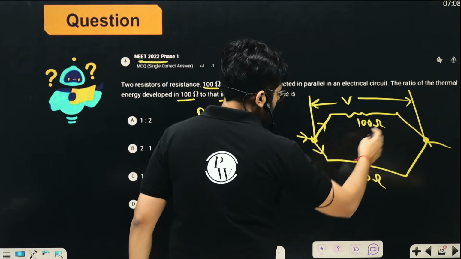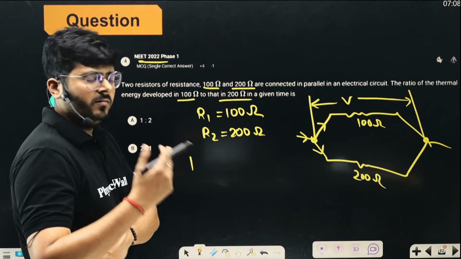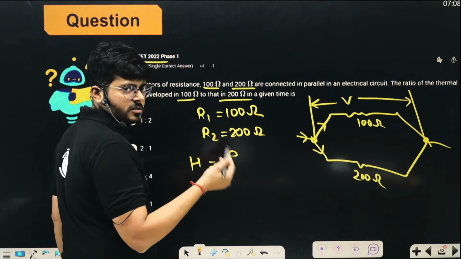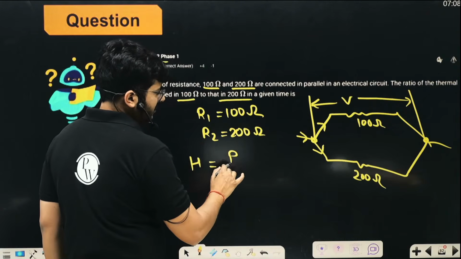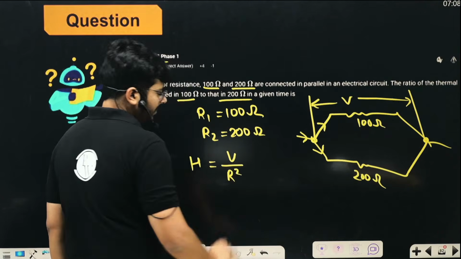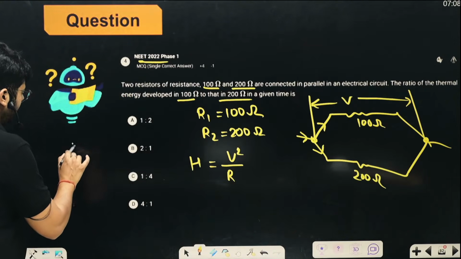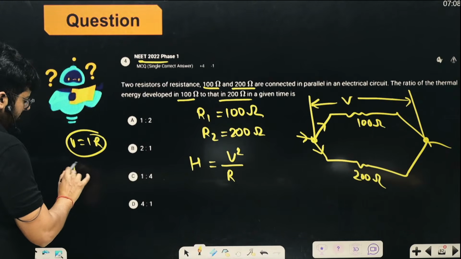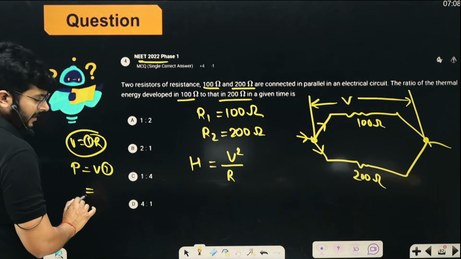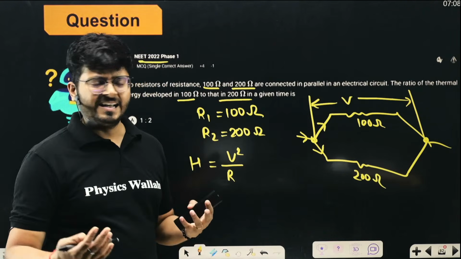So potential difference across this is V, potential difference across this is V. You know that the heat generated per unit time, or the power consumed per unit time across a resistor, is V square by R. Since V equals IR and P equals VI, you can replace the current with V by R, so it is V square by R. So the amount of heat energy produced per second is V square by R.